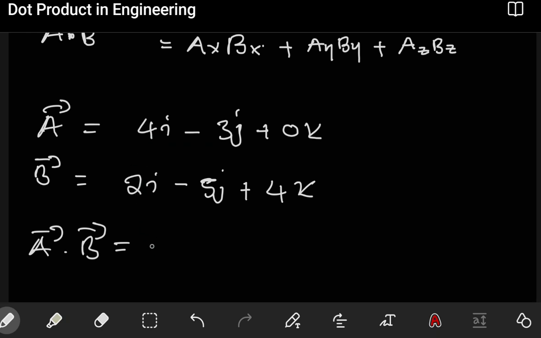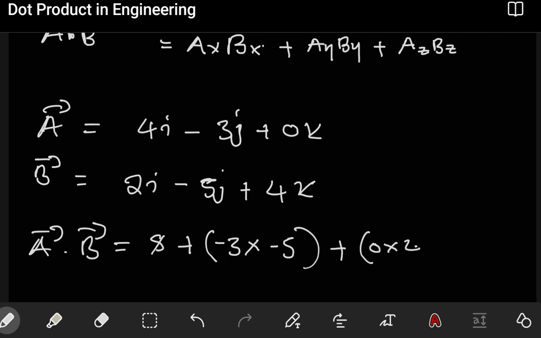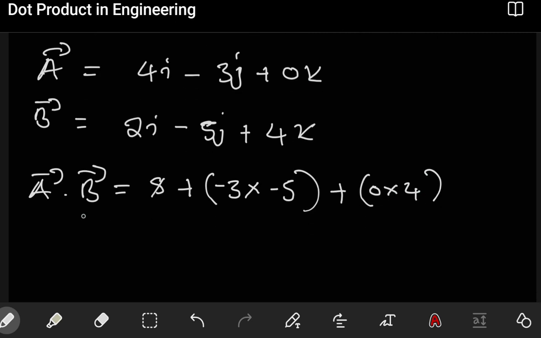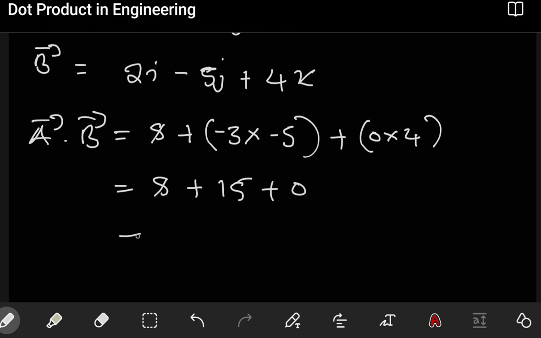So that's 4 by 2, that's 8 here, plus we have minus 3, the j component, multiplying the other j component, which is minus 5, plus, and lastly, the k component, that's 0 by 4. So in the end, a dot b ends up being 8, this is going to be positive, plus 15, and this is going to be 0. So the summation here ends up being 23.